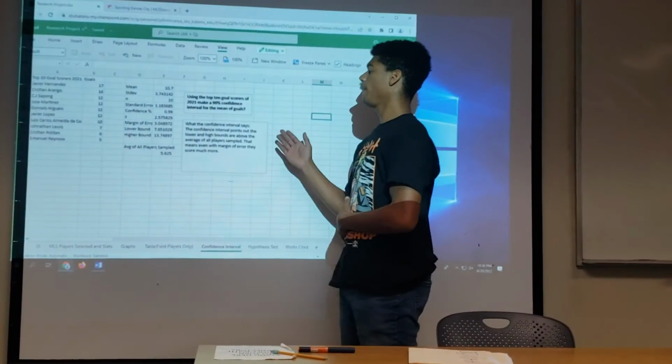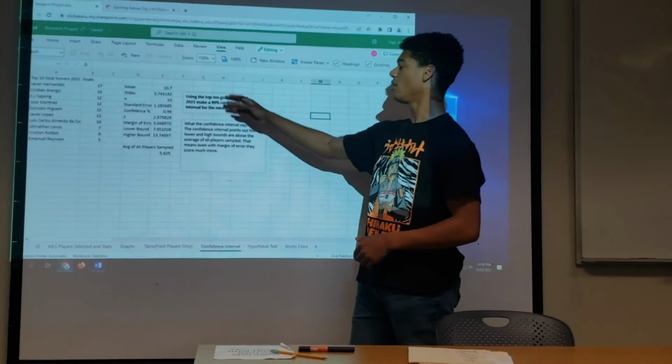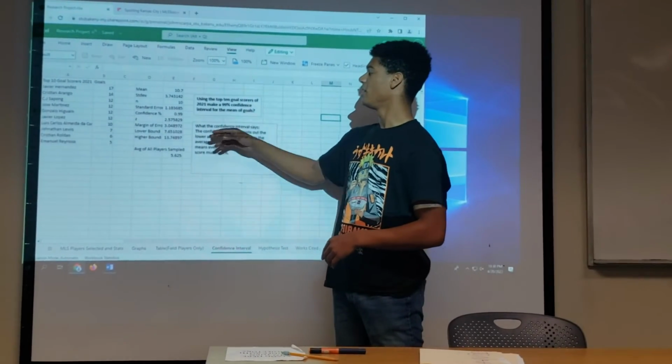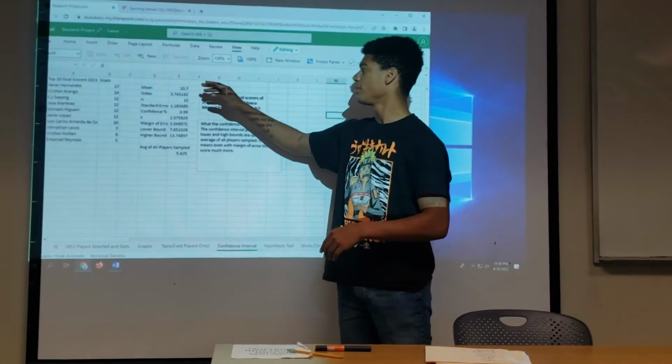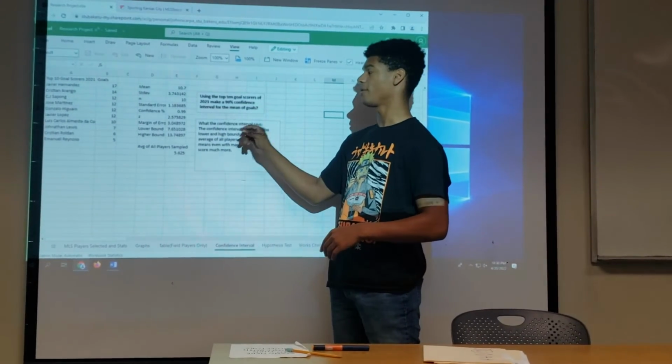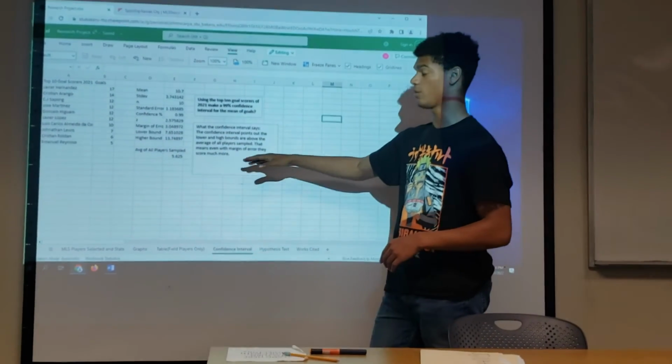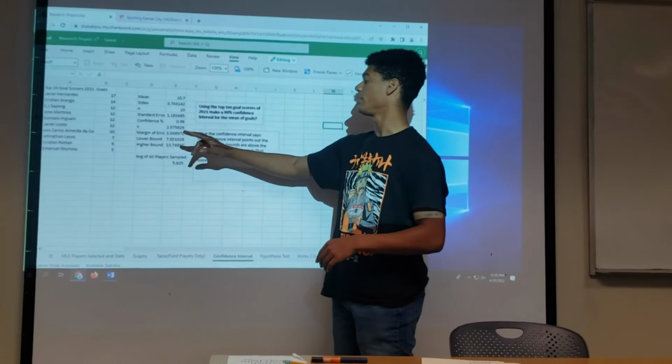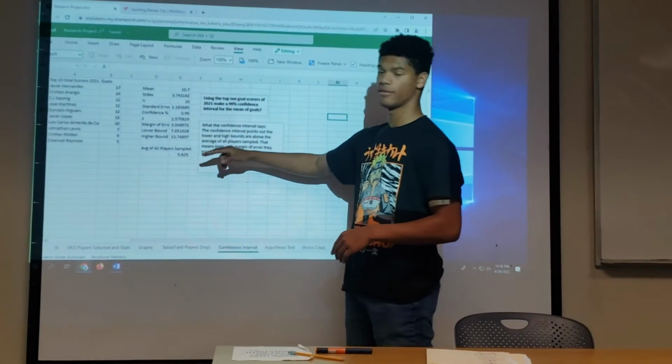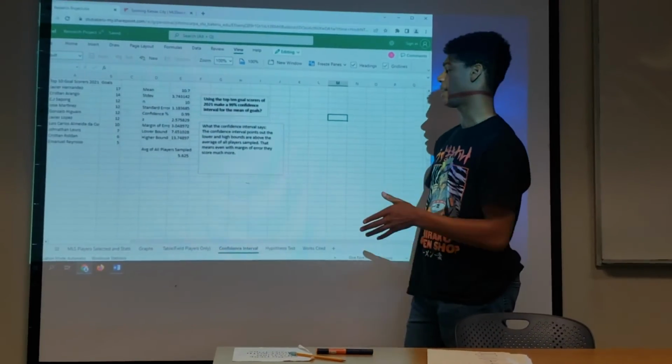And so all of this says basically that out of these 10 players, we expect that the average between these 10 players in 2021 would always be between 8 goals and 14 goals scored as an average.